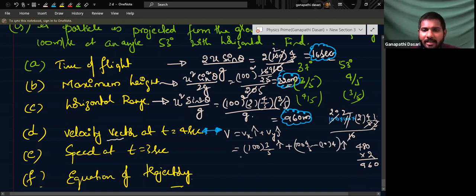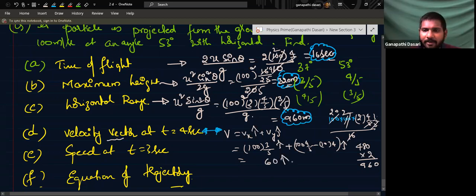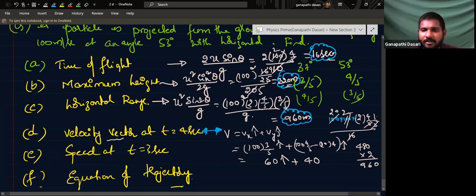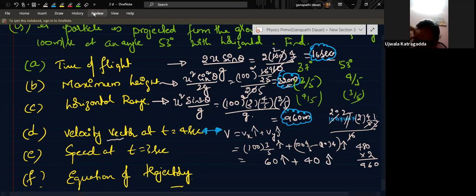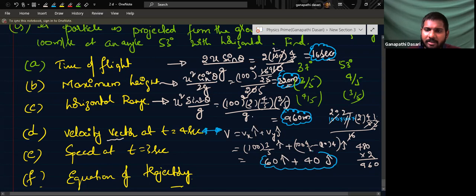So the answer is 60 i cap plus 80 minus 40, so 40 j cap. This is the velocity vector.